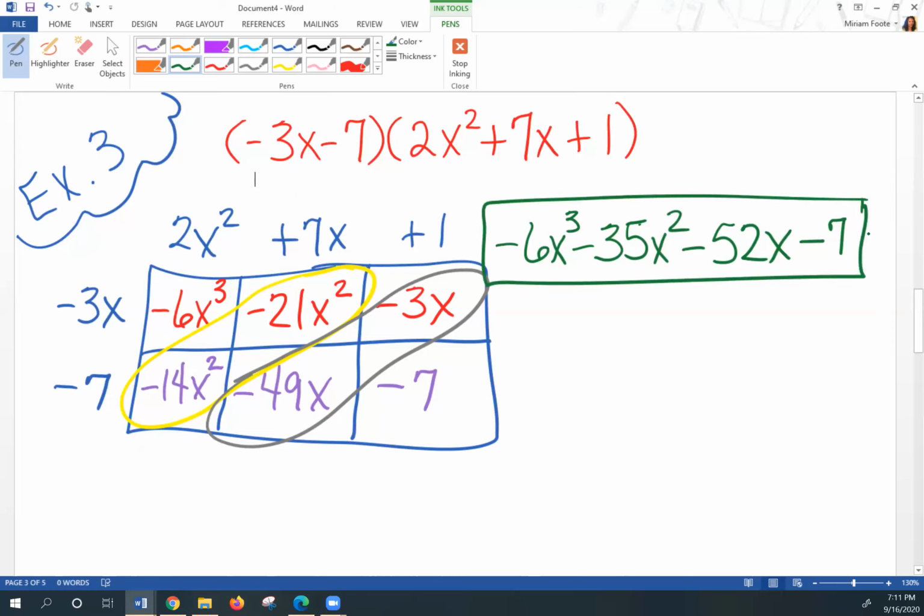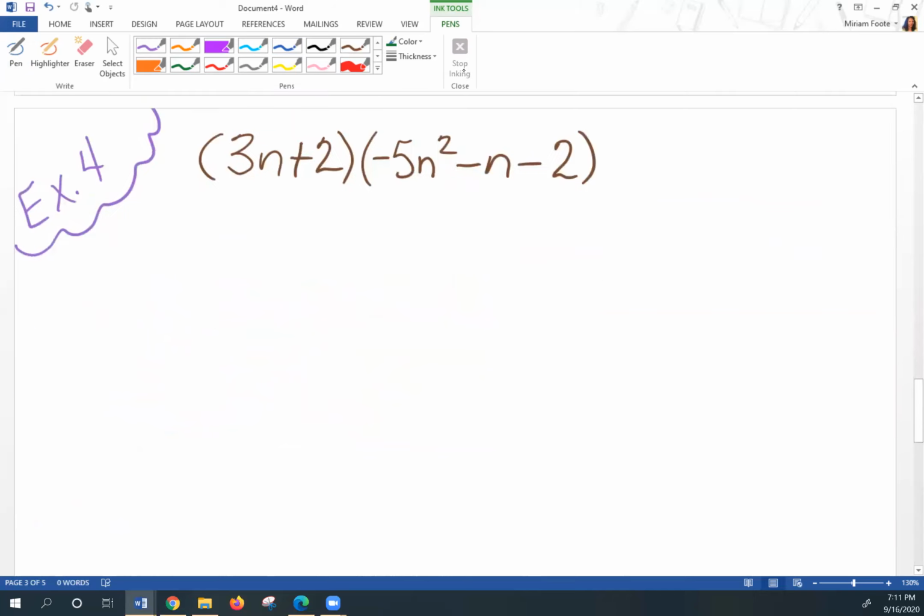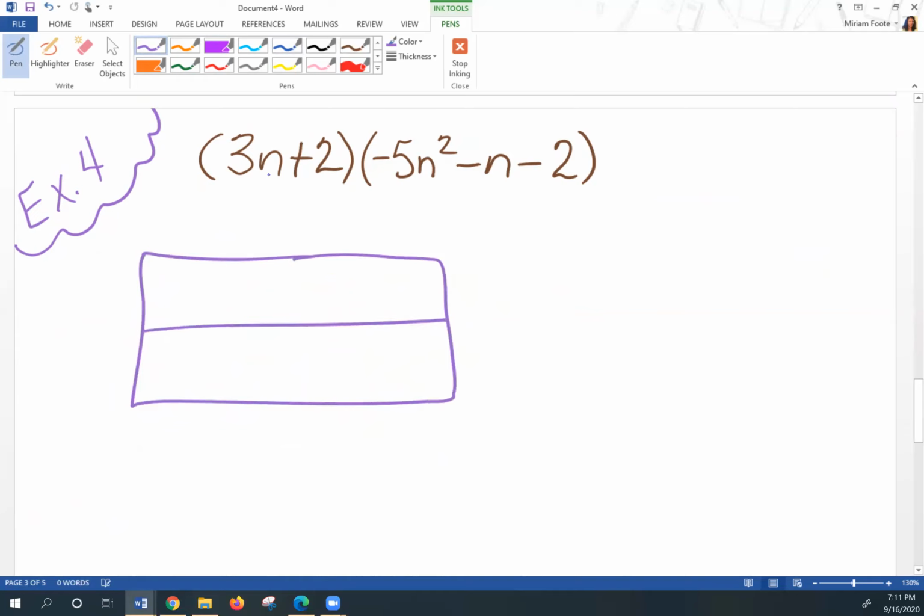Easy, right? Okay, let's try one more. Okay, using the box method again, I'm going to set up a box. You don't have to do it the way that I'm doing with the 2 rows. You can do 3 rows if you want and put that one going down and then 2 at the top.